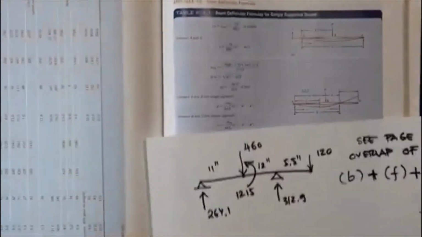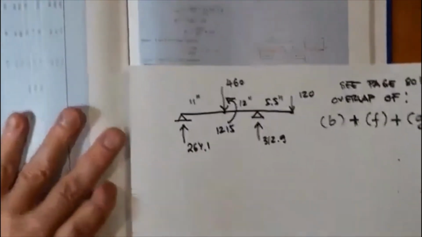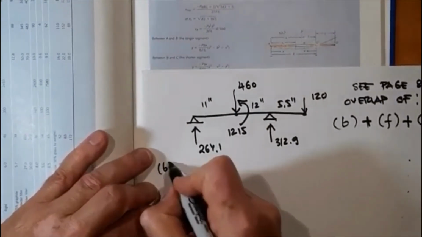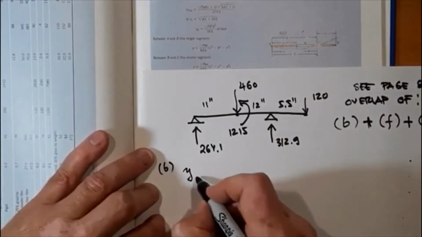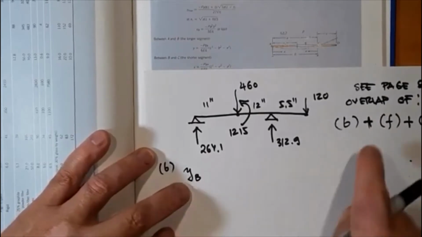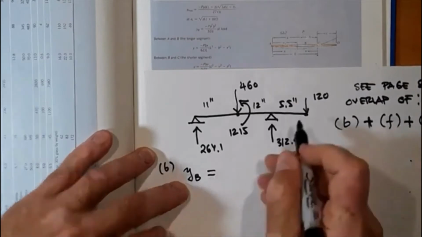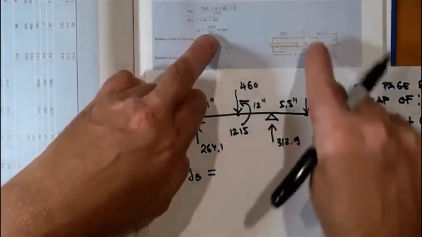Okay, so case B only. I could work it this way. So case B: Y at B with P only. So that's going to be, I have the equation.